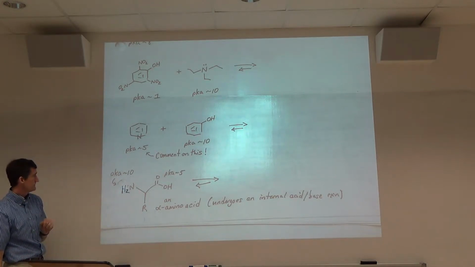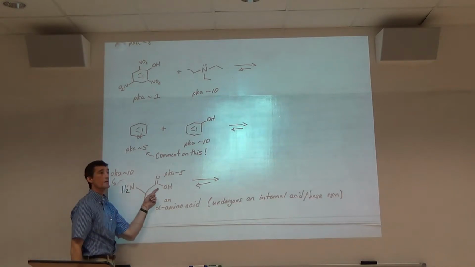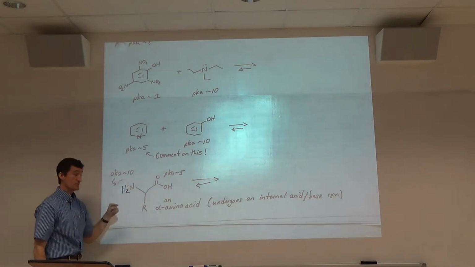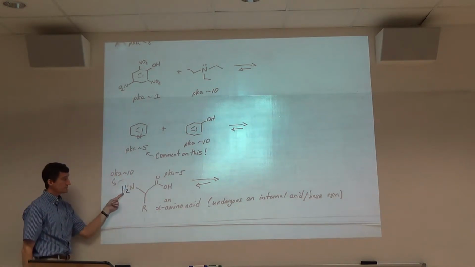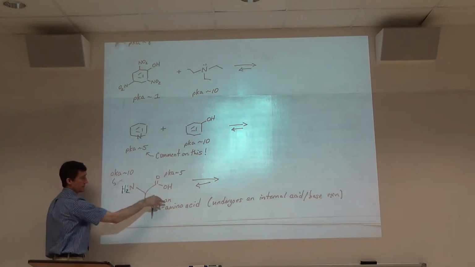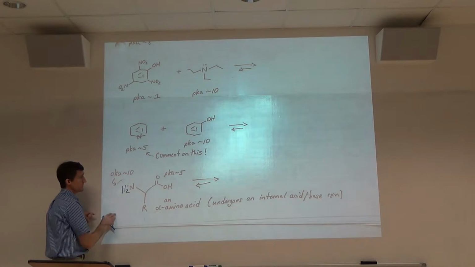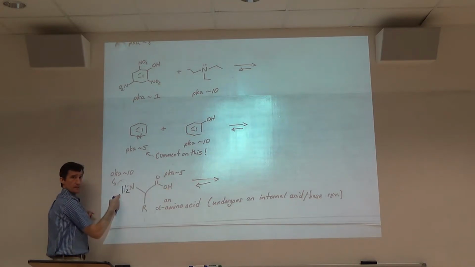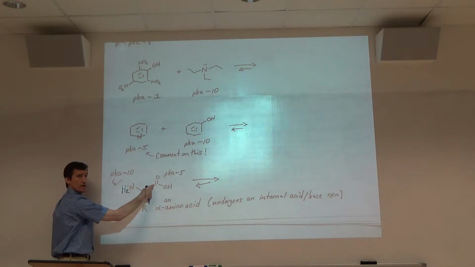Where's the acid at? What's the name of this functional group? Carboxylic acid. Okay? What's the name of this one? Amine. And that's the alpha position, alpha amino acid. That's more acidic because you'd rather have a minus on an O than an N, and that would be resonance stabilized.